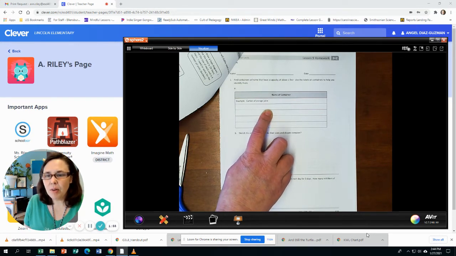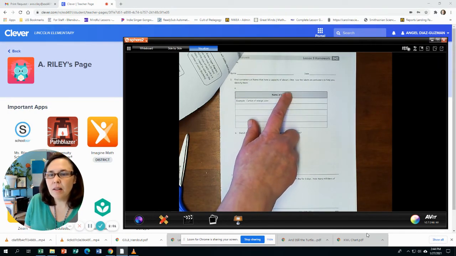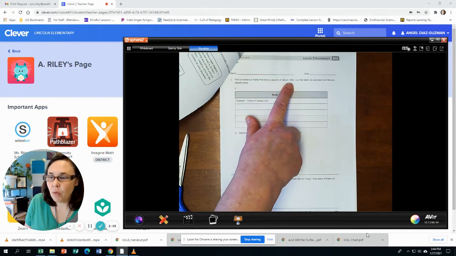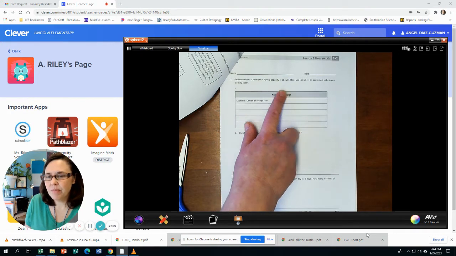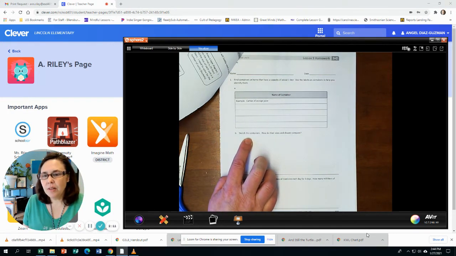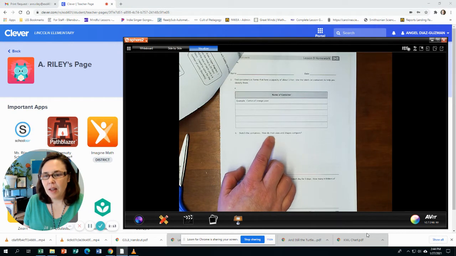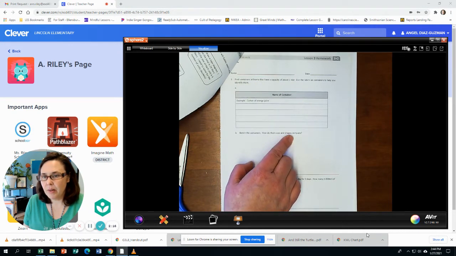So take a look in your cupboards and write down the names of the containers that you think have a capacity of about 1 liter. So think about that. And then you're going to sketch the containers. How do their sizes and shapes compare?